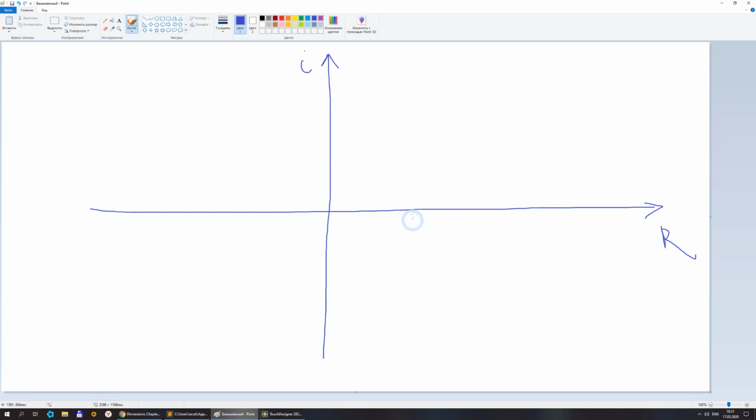And we will represent our complex numbers in this 2D plane. For example, if we have a number 2 plus 1i, it would be here, like 1, 2, and here 1, so it would be here.